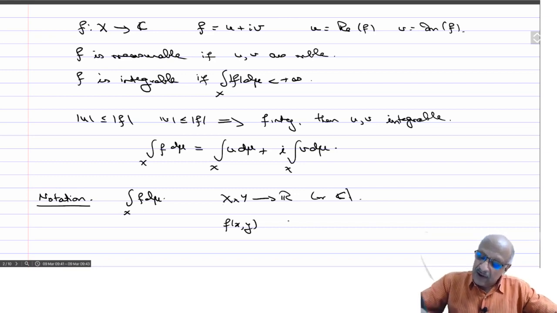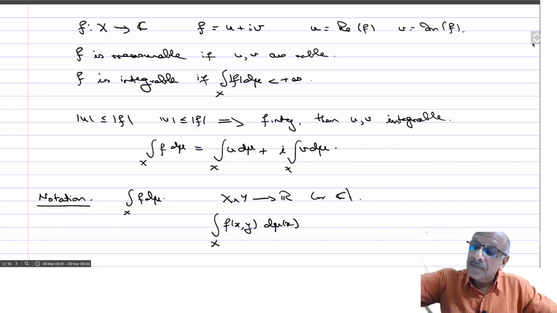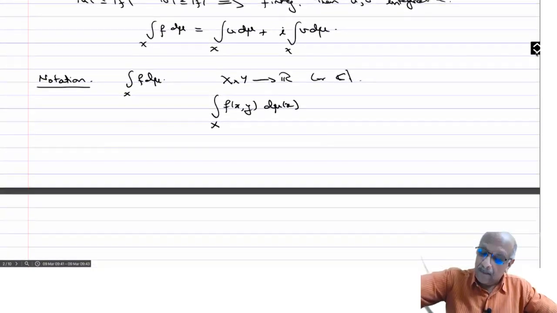In that case, we write integral f of x dμ(x). Okay, and this will say the variable with respect to which we are integrating. That's just a question of notation.